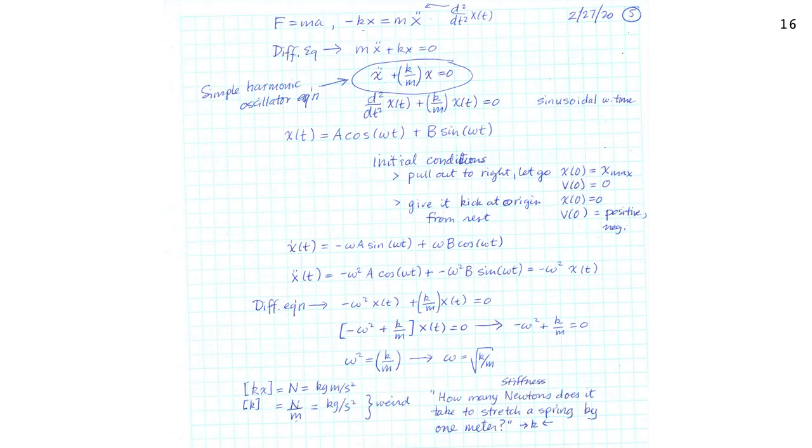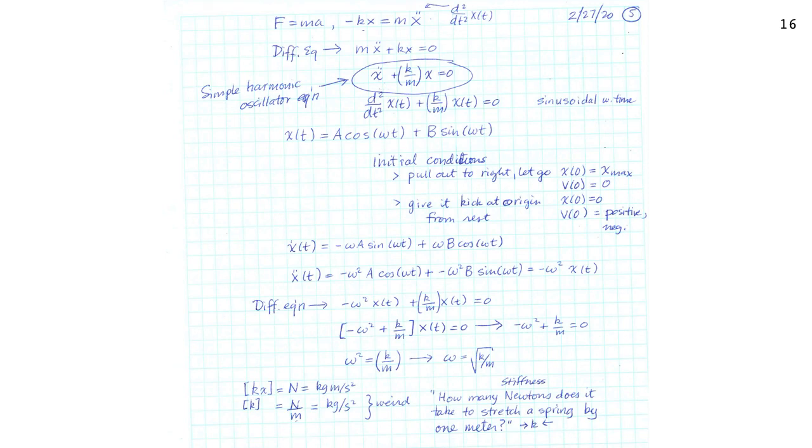So you push it to the right, the pullback force is to the left. You're pushing it out to the right, and the spring is pulling back on you. How many newtons does it take to pull it out to 1 meter? I'll put it that way. So that's what the spring constant is.